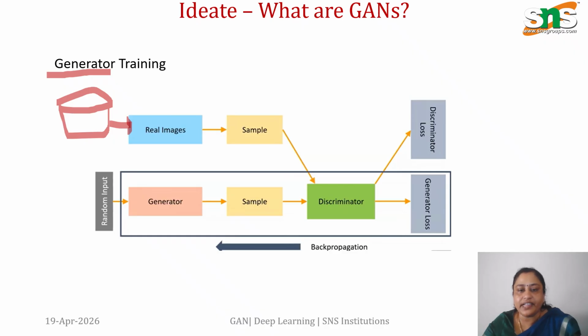After seeing the real and fake images, the discriminator gives feedback to the generator. If the discriminator cannot tell whether an image is fake, then the generator is working perfectly. This is the training of a generator. The loop continues until the generator generates images which cannot be predicted by the discriminator. That is, the generator has to fool the discriminator by making images so realistic.